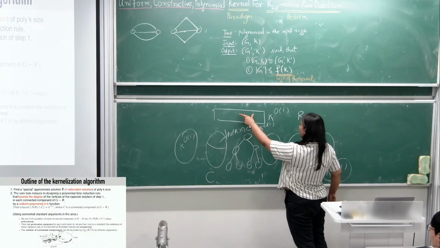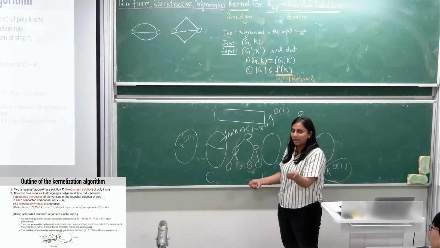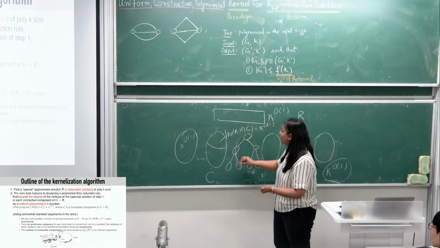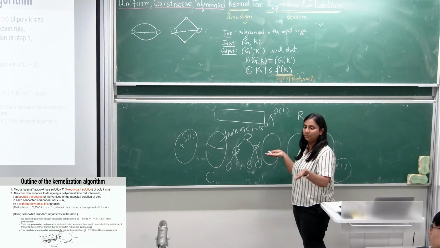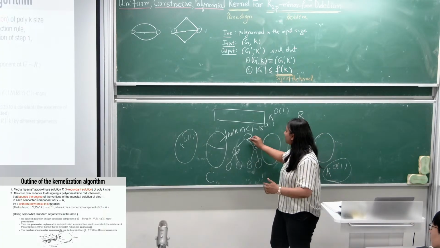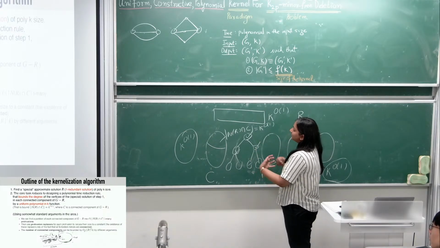If the neighbors of R in this component are bounded, you mark, for each neighbor, a bag of the tree decomposition in which it is contained. You will only mark polynomially many bags. You take the LCA closure of those bags. The number of vertices involved in these bags is still polynomially many.